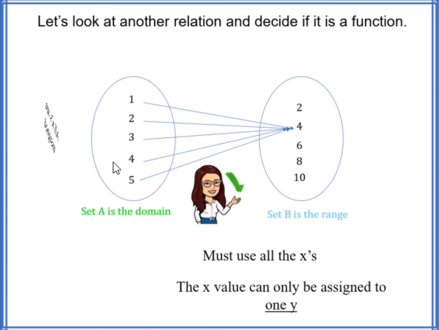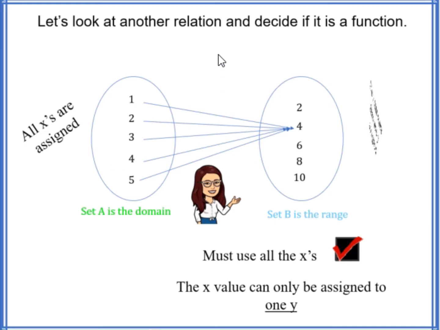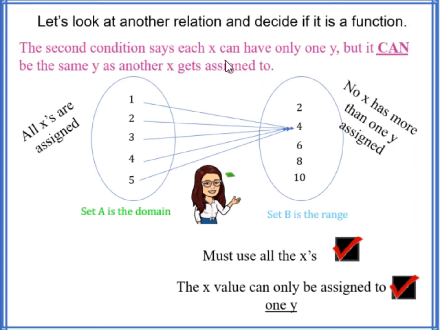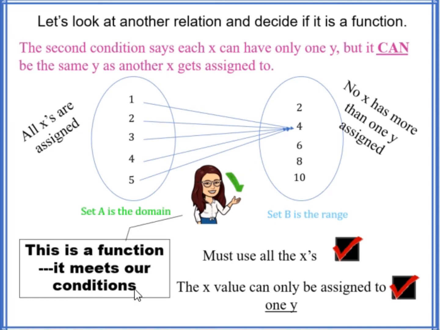All the x are assigned. No x has more than one y assigned. The second condition says each x can have only one y, but it can be the same y as another x gets assigned to. We were able to meet our conditions, therefore this is a function relation. The kind of relation is what we call many-to-one.